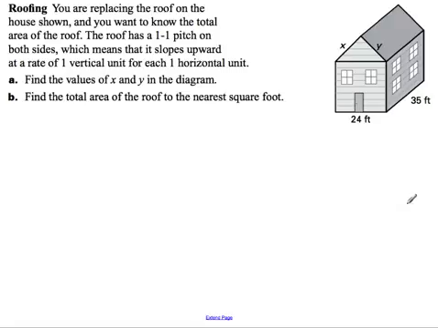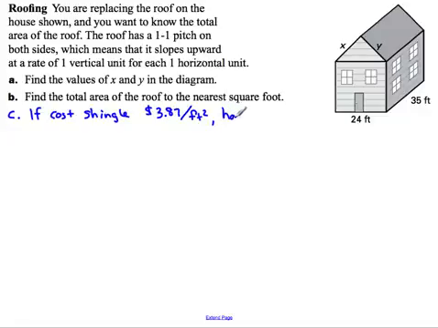We have a roofing problem, kind of an interesting deal. I want to add a little extra piece to this. I'm going to say part C. Maybe the specific type of shingle, or whatever you want to put on your roof, is going to cost $3.87 per square foot.